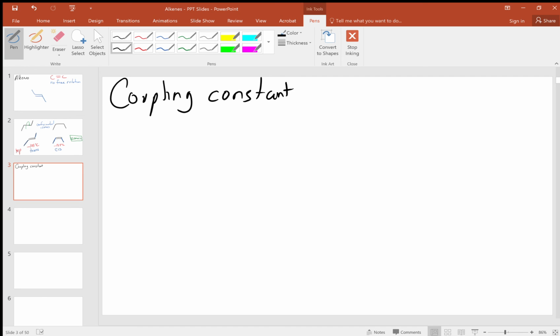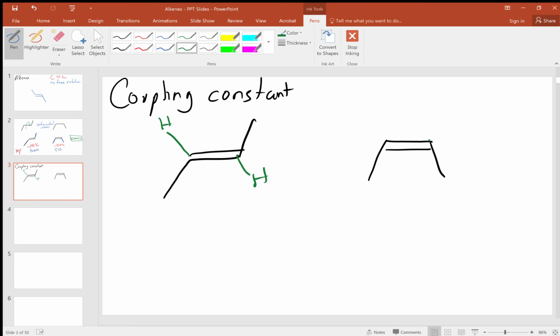And we said it was the distance between the peaks in a splitting pattern. I think I also said that day that we would come back and revisit this idea of coupling constants when we got to alkenes. And so it turns out that the coupling constant easily lets you distinguish between a cis alkene and a trans alkene.